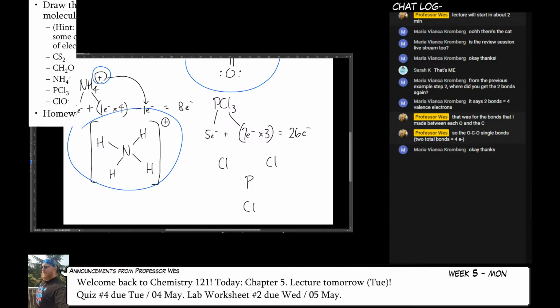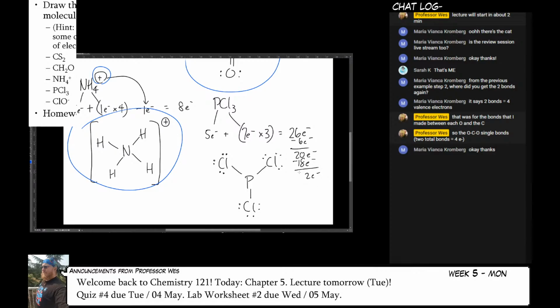Step 2, let's do the framework. That was 6 electrons. Step 3, outer octet. So I'm going to go 2, 4, 6, 8, 10, 12, 14, 16, 18 electrons to give everyone an outer octet.